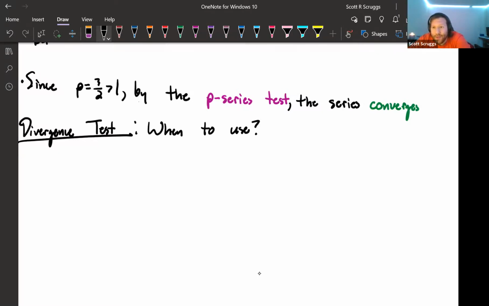Now, I guess this is going to be a little bit different than geometric series and P-series, where I have a very particular form. And from that form, I could be like, oh, well, I know it's a geometric series and I know it's a P-series. For a divergence test, it's not that crystal clear with a particular form.